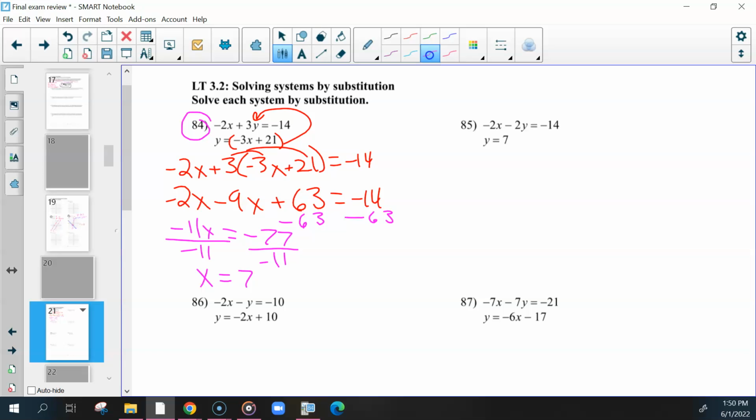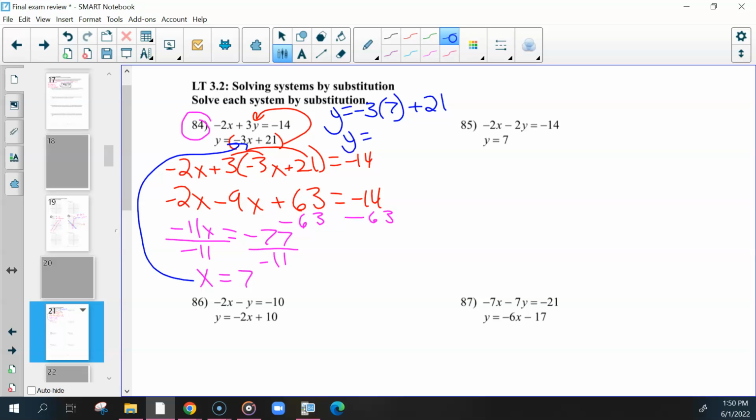But then we have to continue. We have to find our y value. So if we take this x value and put it back in to where y is by itself, we can find y. So y equals negative 3 times our x value, which is 7, plus 21. Negative 3 times 7 is positive 21.